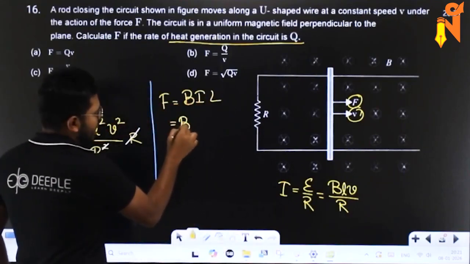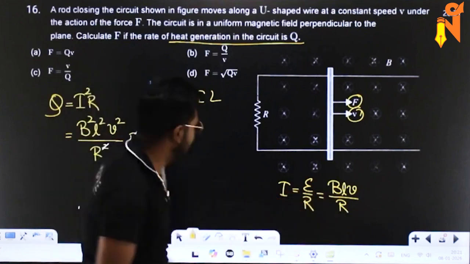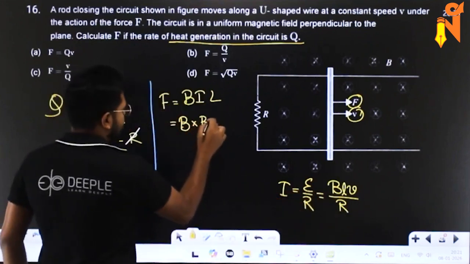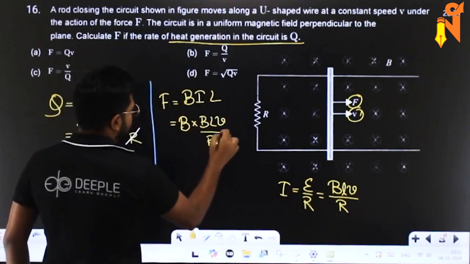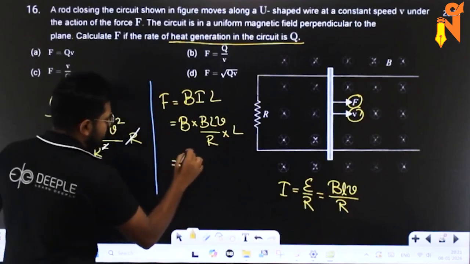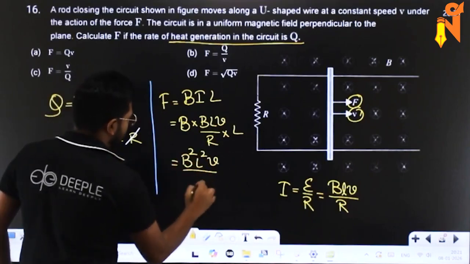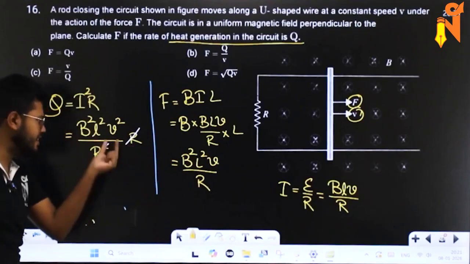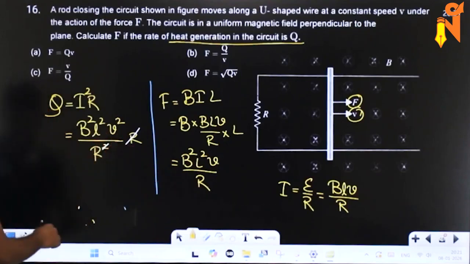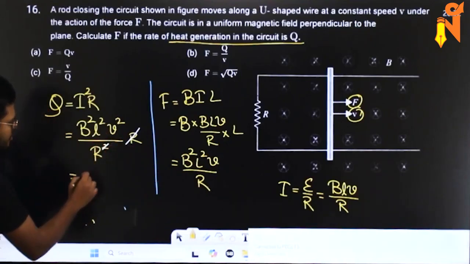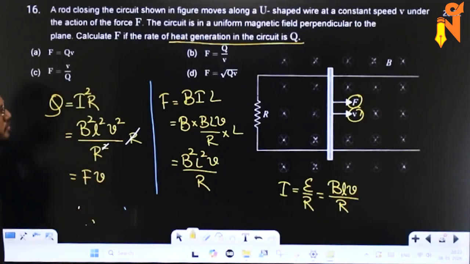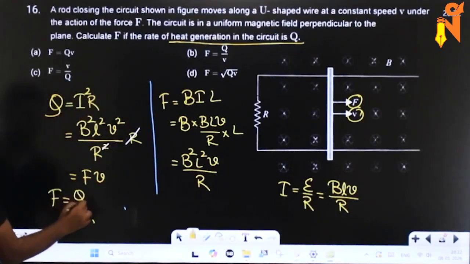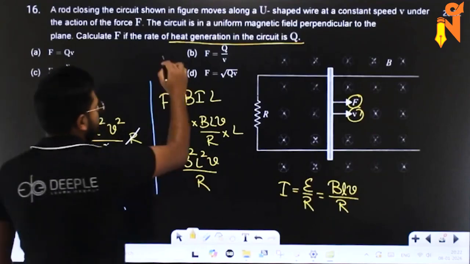And the I expression we already got, BLV by R, and there is L, so I get B squared L squared V over R. The only difference between these two is that there is an extra V, so I can write this thing as F into V. Now you can manipulate this, so force will be Q by V. Force will be Q by V.